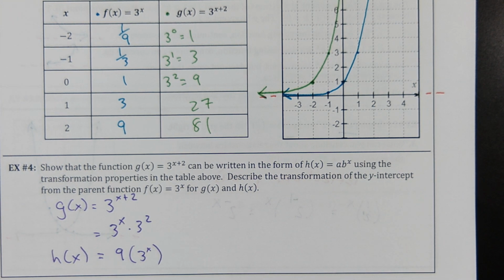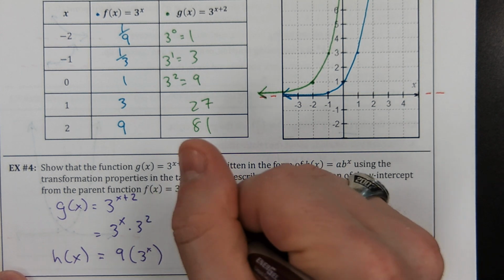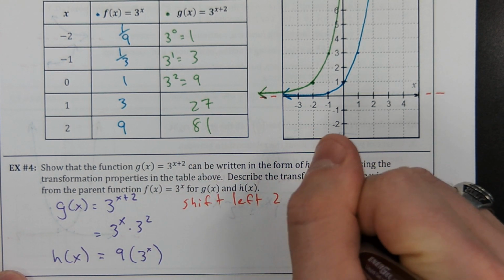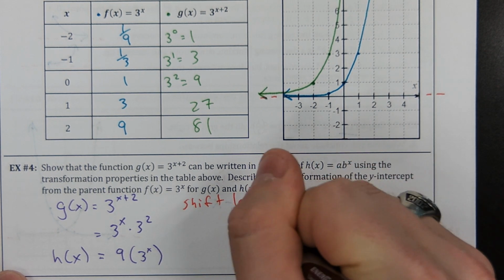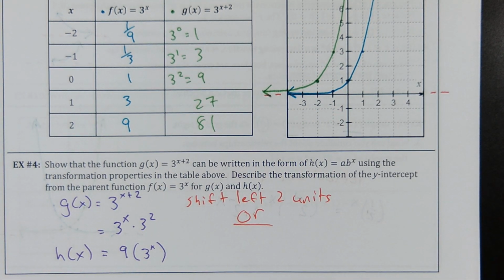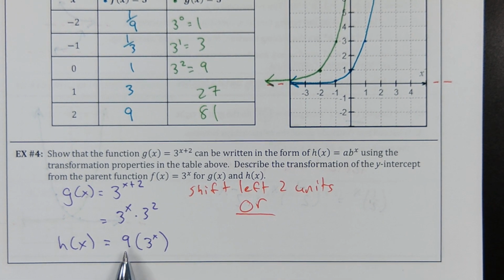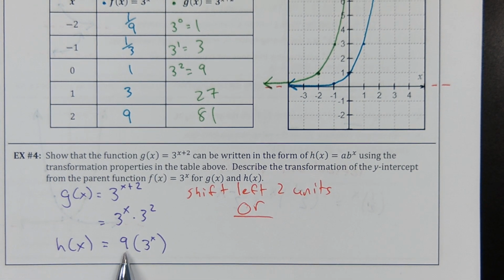So we can either say shift left 2 units or we could have described this. That's a vertical dilation, factor 9.